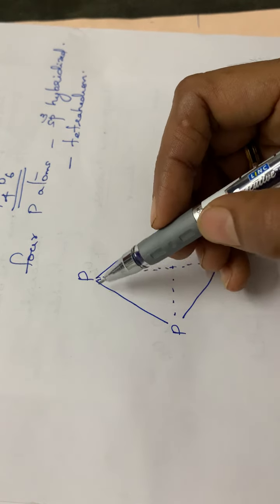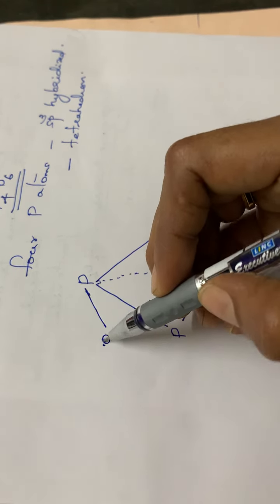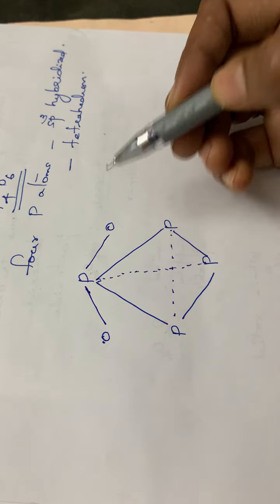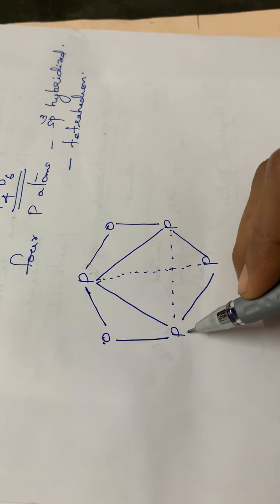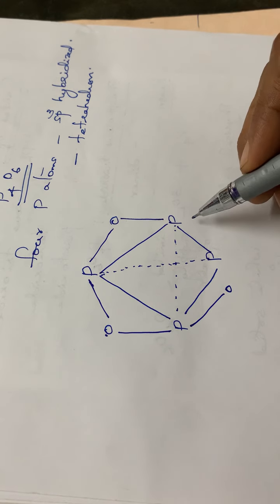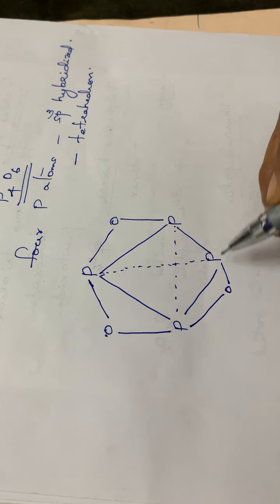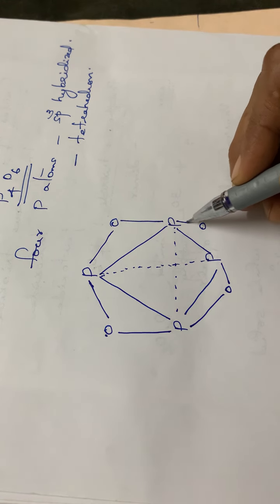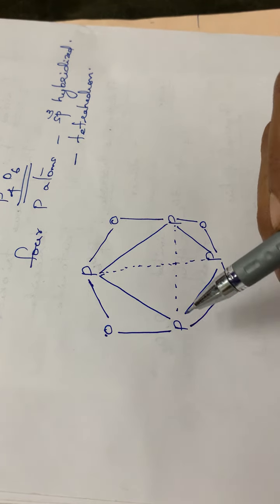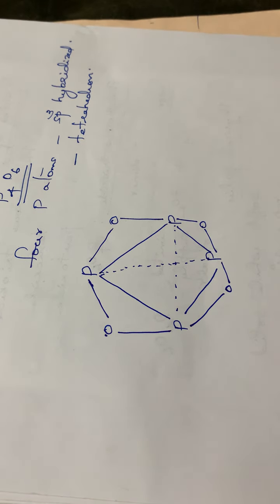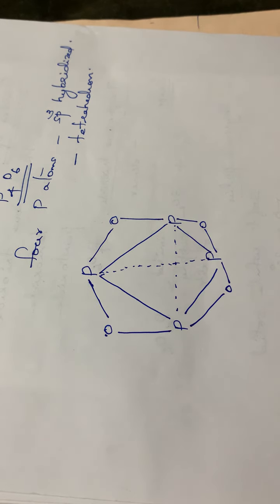So let us draw the oxygen atoms. Oxygen, then again oxygen atom, then again phosphorus, then again oxygen atom, then again phosphorus, then again oxygen atom, like this. So alternate oxygen and phosphorus will be coming, and each oxygen will be bonded to 2 phosphorus atoms, isn't it?